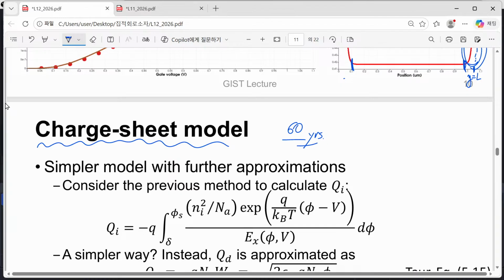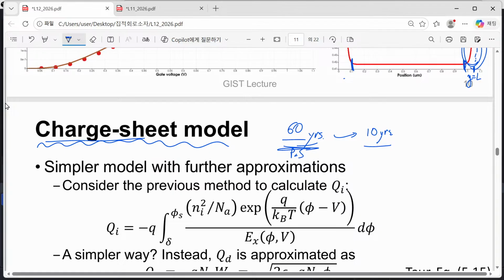So after more than 10 years from the publishing of this power psi double integral, the charge sheet model was published, and that is the basic model most of our transistor models are currently using.